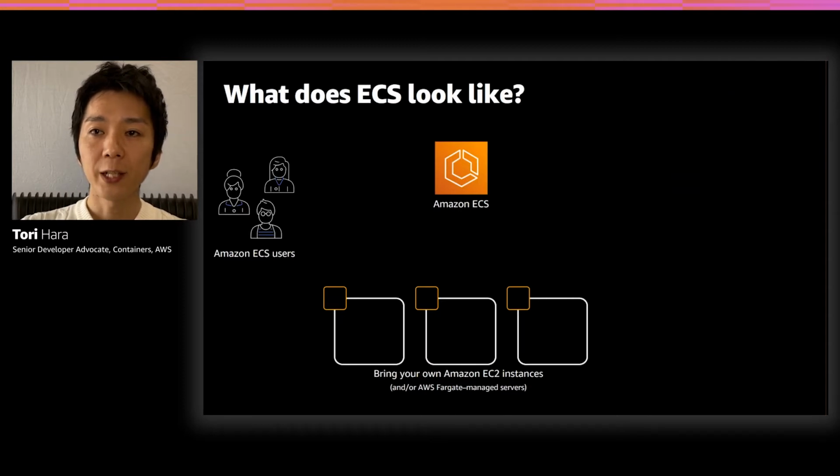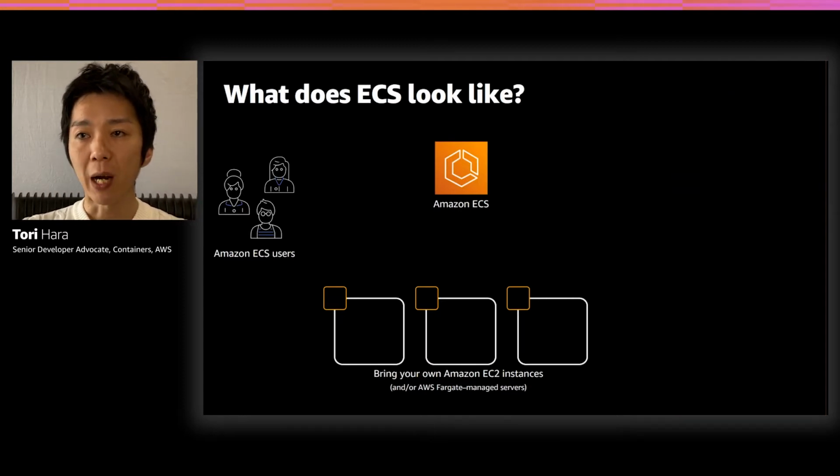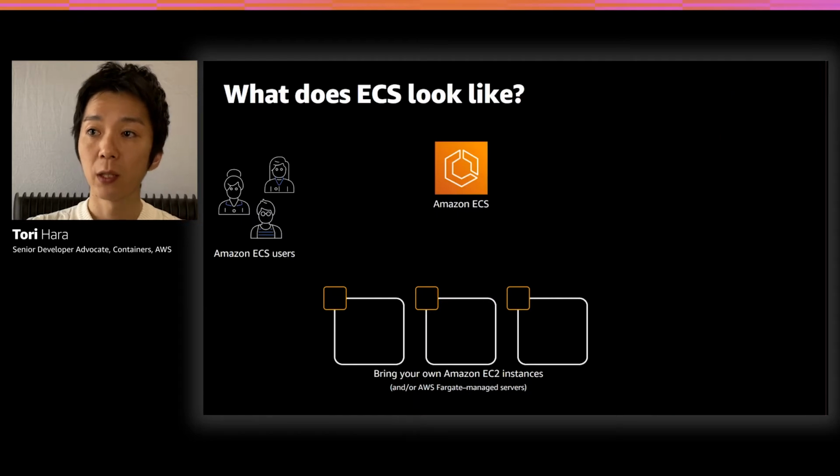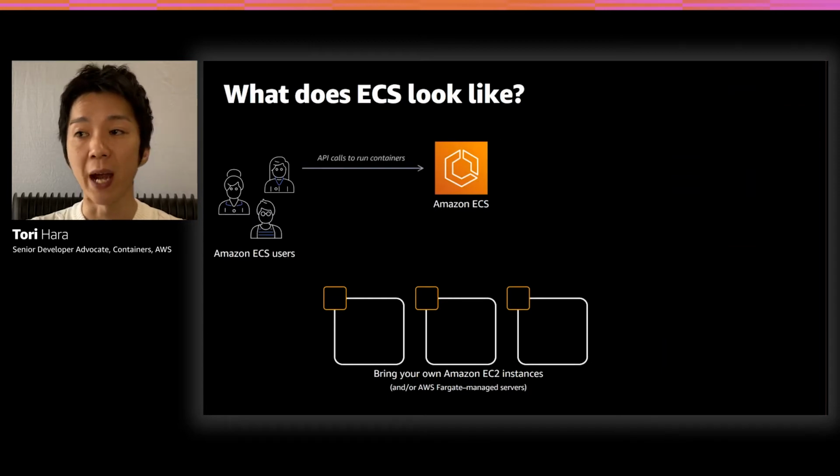So Amazon ECS is a fully managed container orchestration service. With Amazon ECS, you can choose between or use both EC2 instances and AWS Fargate managed servers as a place to run your containers. When you want to run containers, all you have to do is call an ECS API.